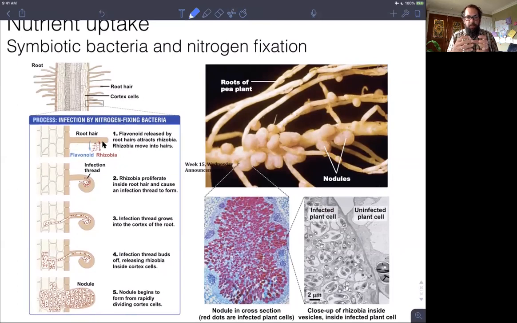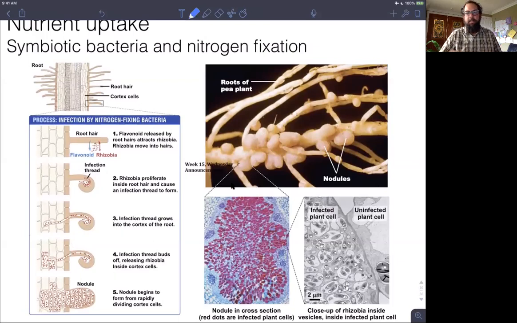Once those start to associate with the root hairs, this root hair actually curls up and the bacteria create what's called an infection thread. And that infection thread penetrates the cortical cells and helps form this nodule that is eventually the home of these nitrogen fixing bacteria.